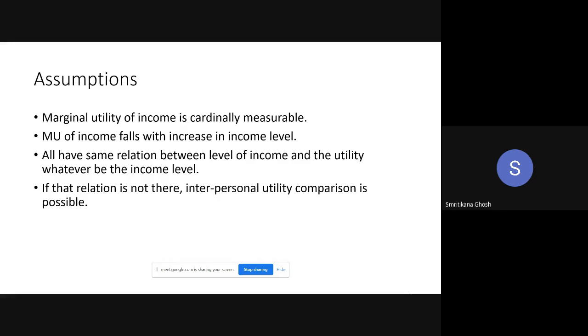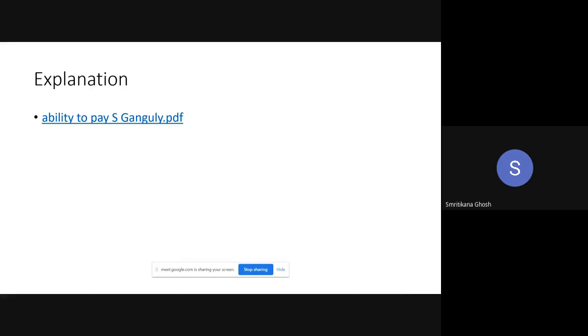You may be poor, you may be rich, but the total utility curve with respect to income is the same for all individuals. And the last: if that relation is not there, then interpersonal utility comparison is considered. That means you can apply the ordinal approach. If cardinal fails, then you can go for the ordinal approach, everything with respect to income. So these are the assumptions of the equal sacrifice principle.